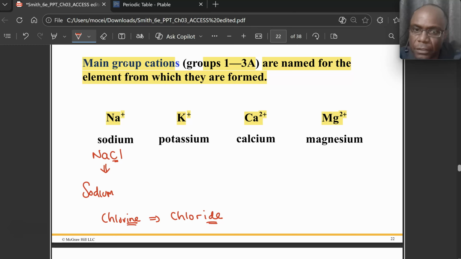So this one would be sodium chloride. So this is the kind of naming that you're going to follow. So you can have potassium chloride, you can have calcium chloride, you can have magnesium chloride. Let's do this.